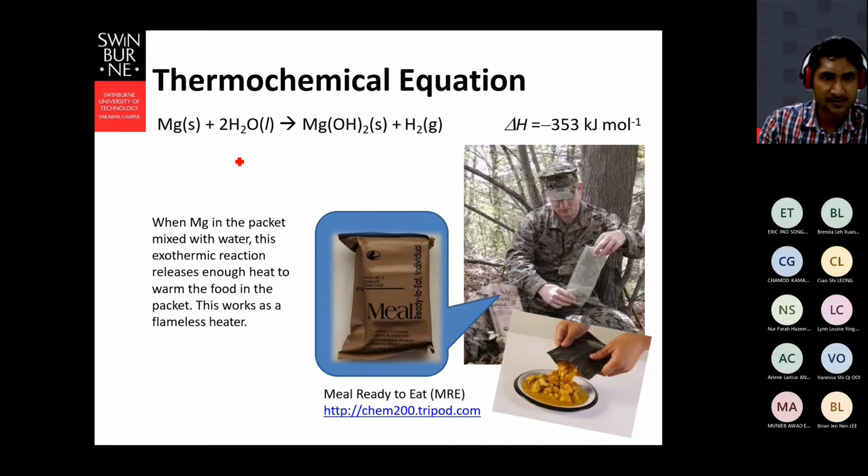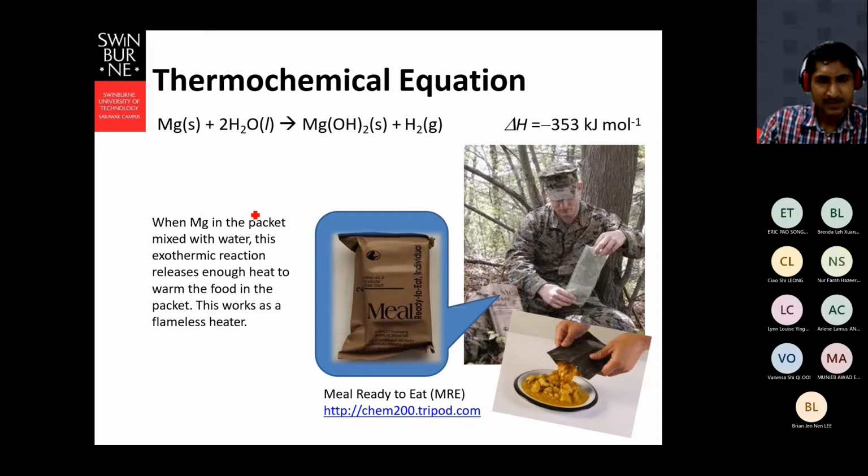But magnesium oxide or hydroxide is relatively safe to be used for meals ready to eat, for camping purposes, or for the military services. So what they do is put some water inside.